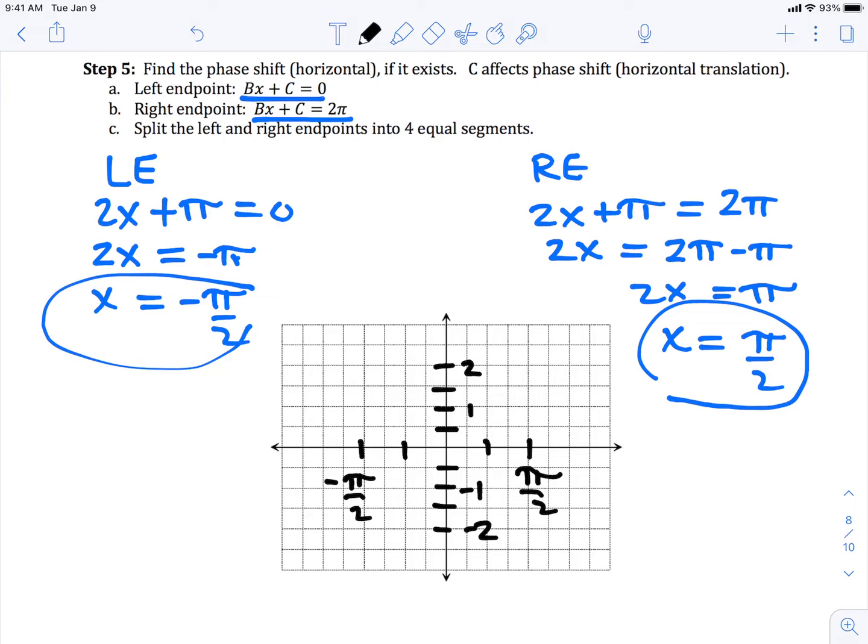So we need to split that negative pi over 2 to pi over 2 into 4 equal increments. So I'm going to go halfway, which is 0. I'm going to go halfway again, negative pi over 4 and pi over 4.